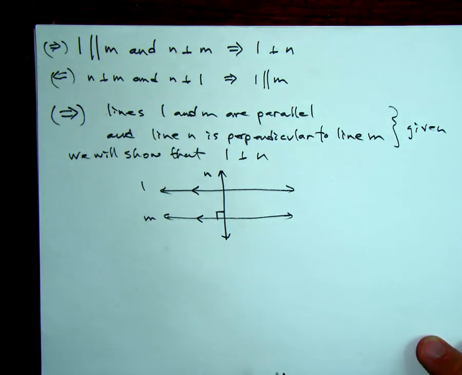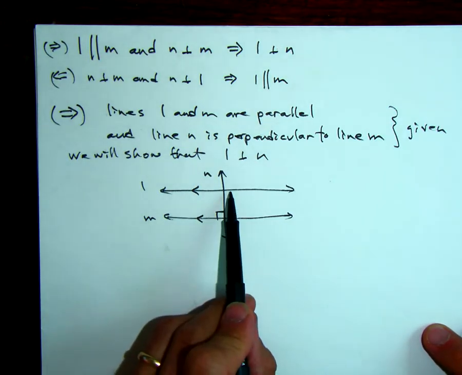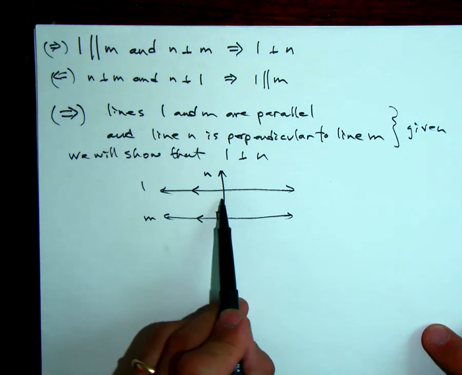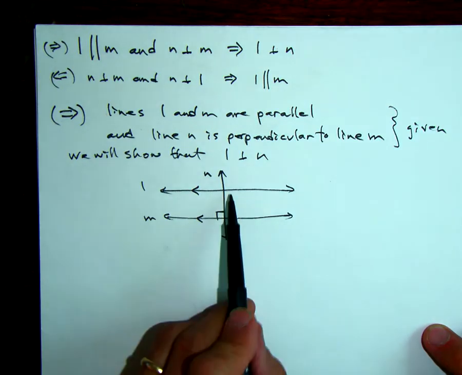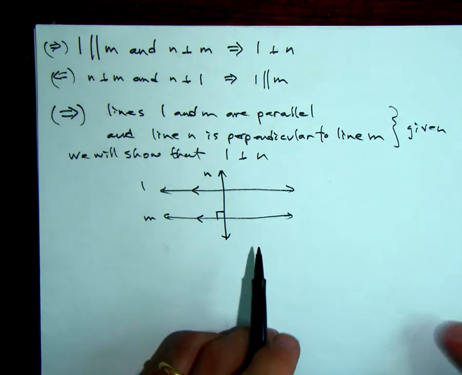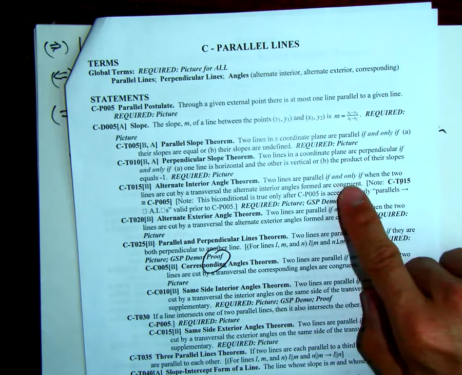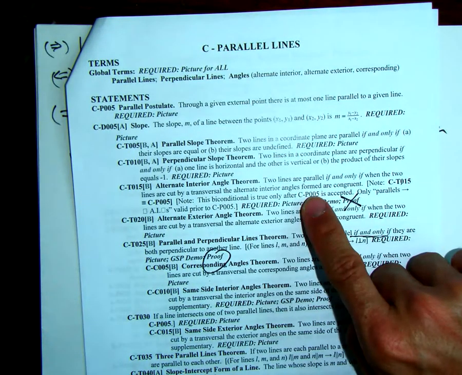Now let me back up here. The big idea is that I'm going to use the alternate interior angles. If I can show that this is also a right angle right here, because we know from the alternate interior angles theorem that if two lines are parallel, then the alternate interior angles are congruent.